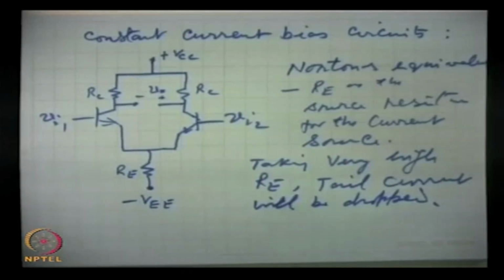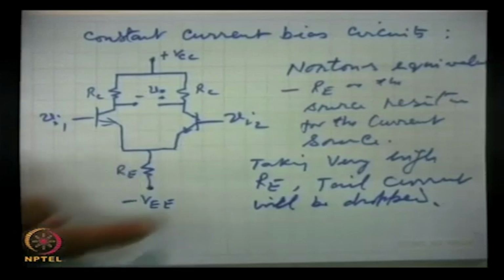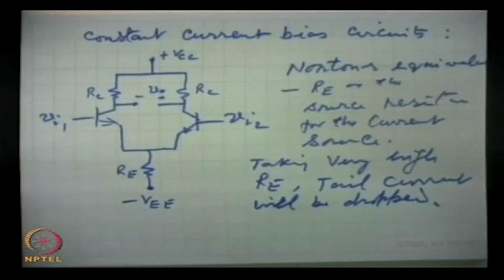So, in better circuits, this is replaced by a transistor, and a constant current source can be fabricated by using a transistor, a BJT. So, what will be the circuit? That is this.